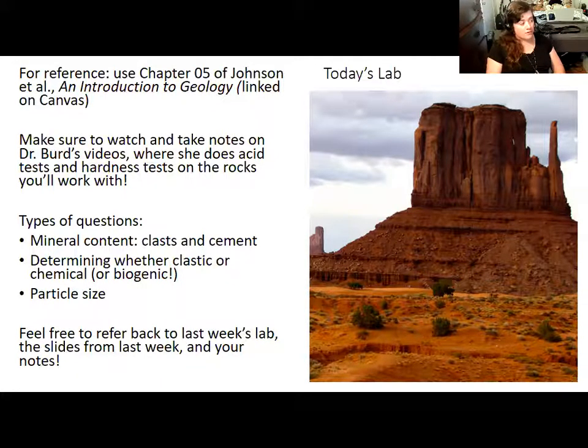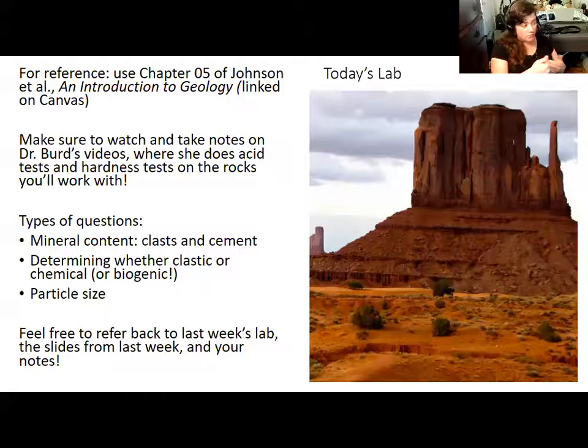Make sure that you watch those and take notes on them, because that shows Dr. Bird doing a number of tests on the samples that you're looking at and answering questions about. Running tests like putting acid on them to indicate whether the clasts fizz, whether the rock fizzes, or whether the cement fizzes, which would tell you that you have calcite, because remember, calcite is the one mineral that really dramatically reacts with acid.